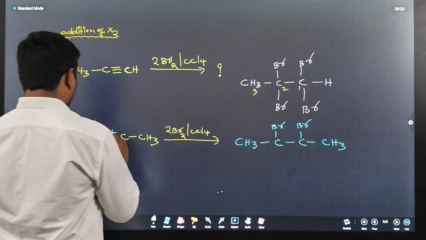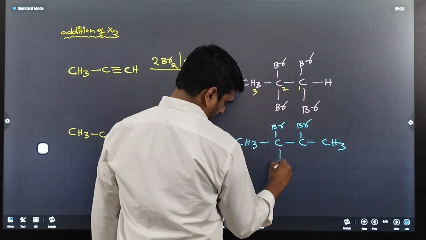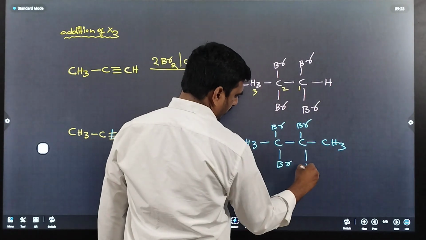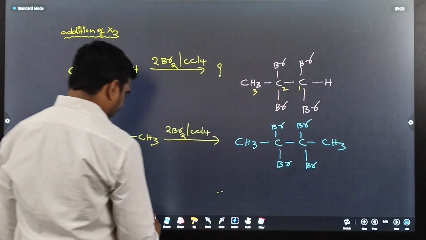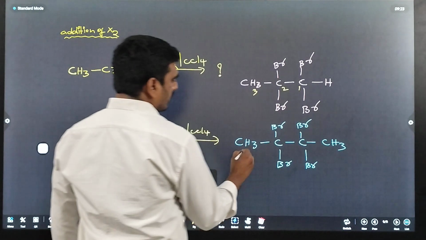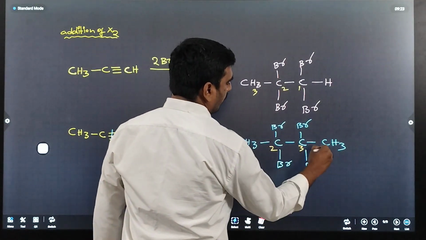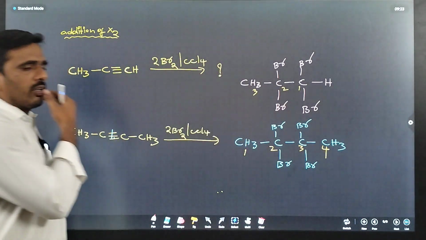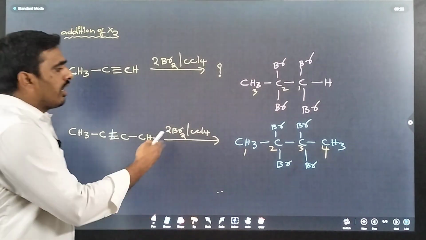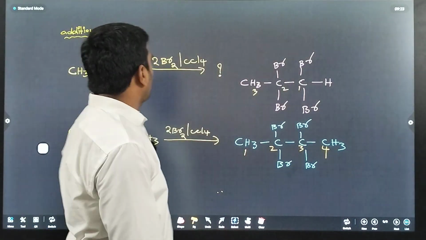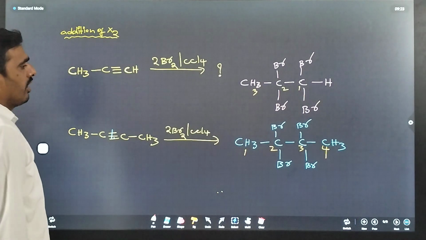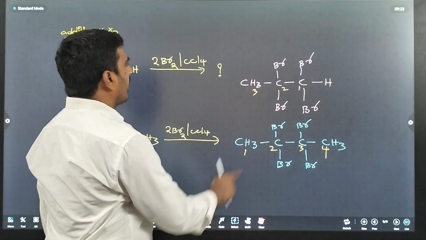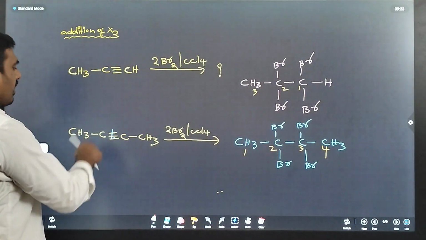Next the second bond breaks, Br. So the compound name is 2, 2, 3, 3 tetrabromobutane. So this is a preparation method of alkyl halides from alkynes.